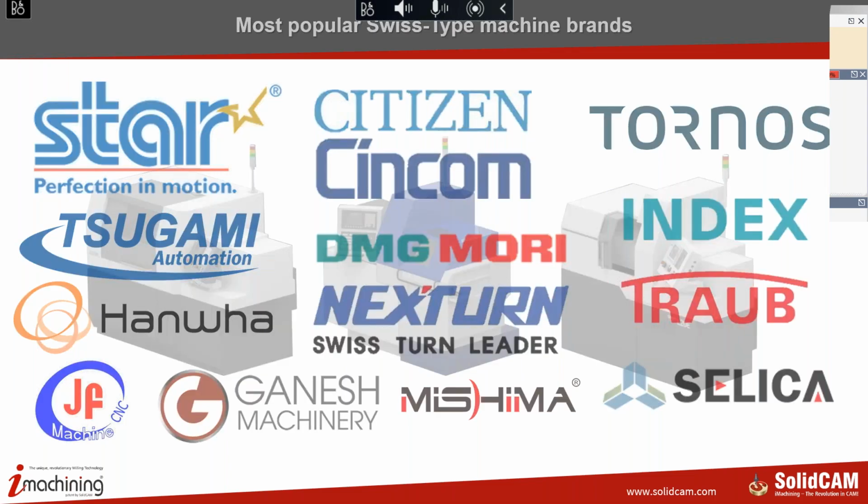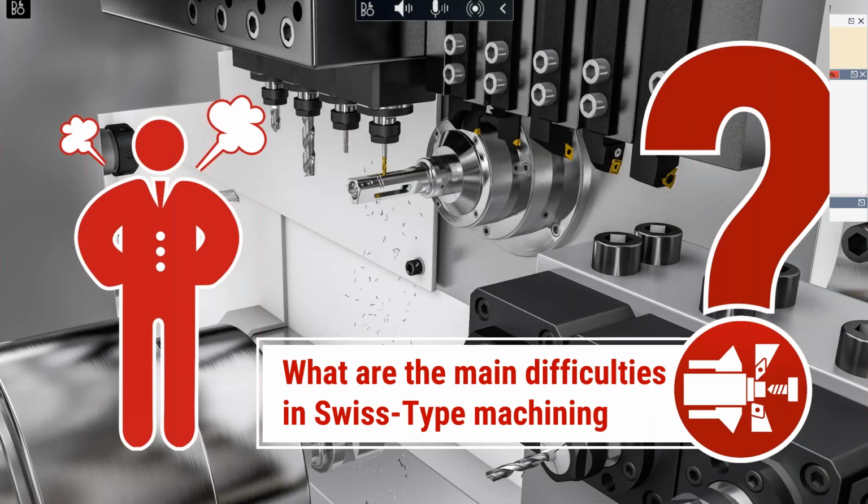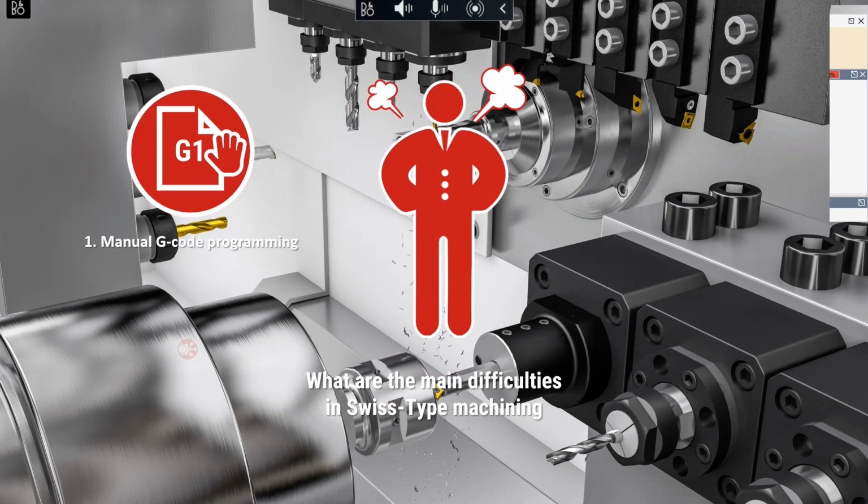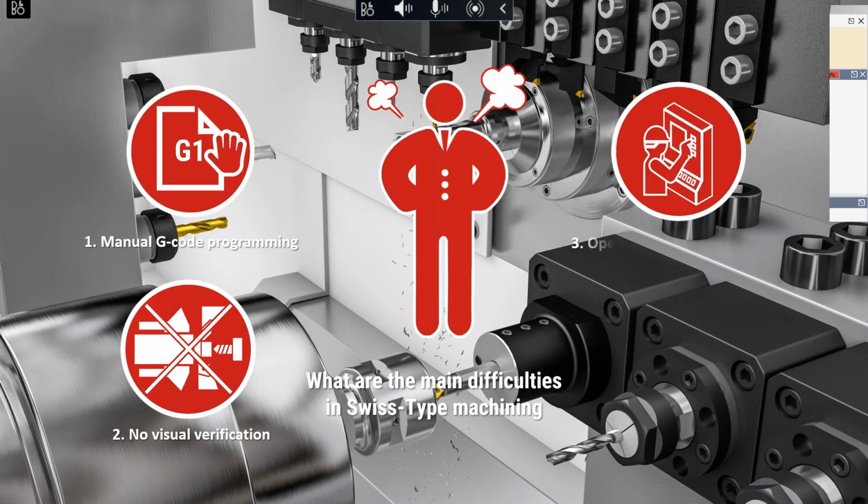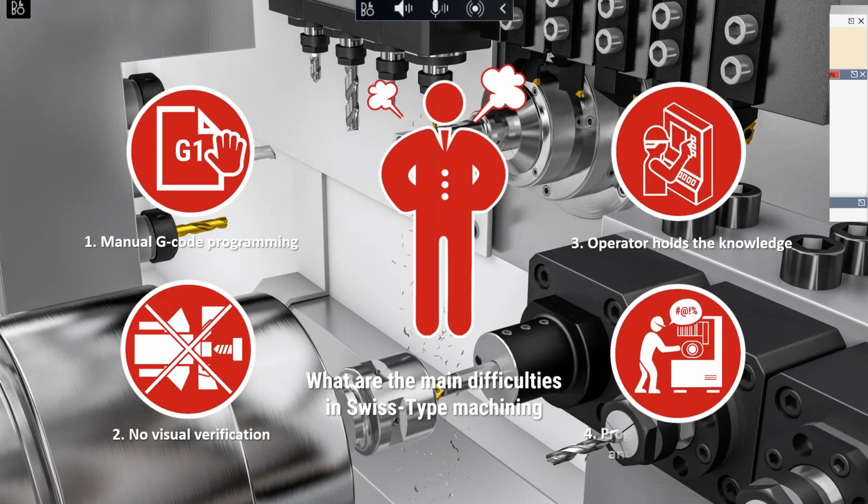Right. So what are the main difficulties in Swiss-type machining? The very first thing that every single customer is fighting with is that every G code today that is generated for a Swiss-type machine is done manually.